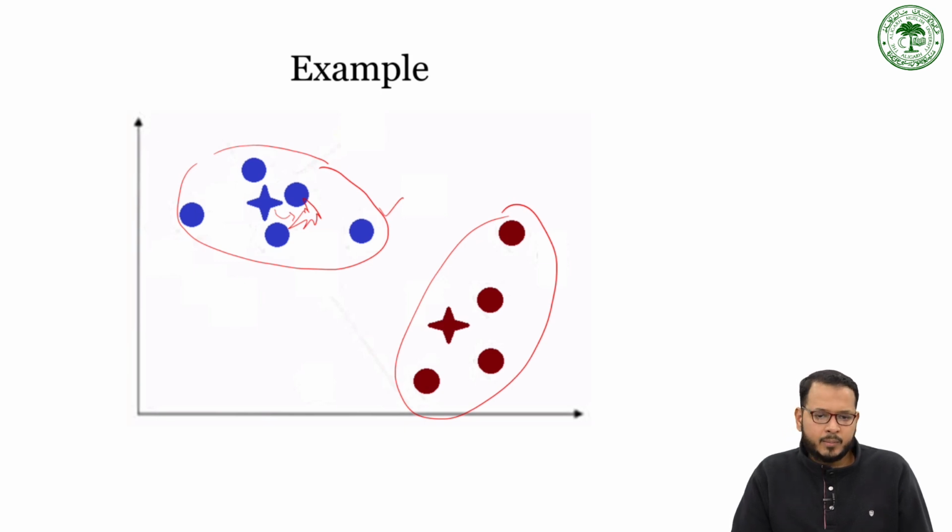A time will come when no point will shift towards either centroid A or centroid B. It means that once assigned, a point will not change its cluster. That is called the saturation point, and at that point the algorithm must stop.